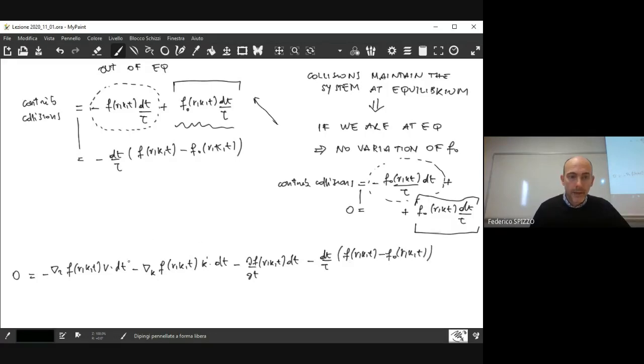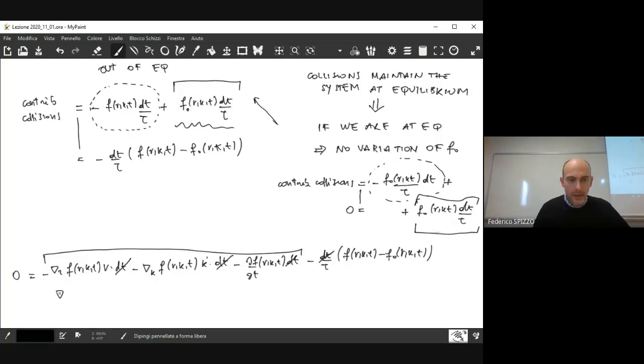At this point, we may divide everything by dt, we may simplify dt, and we may take these three terms on the other side of the equation.